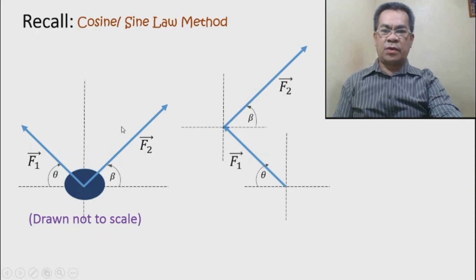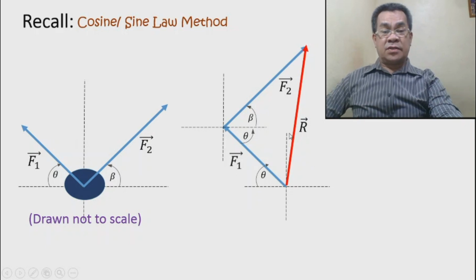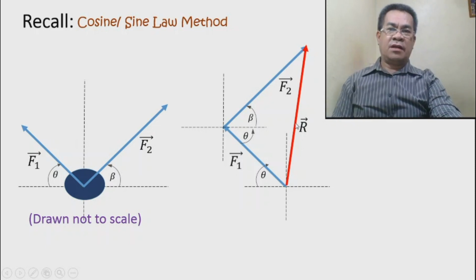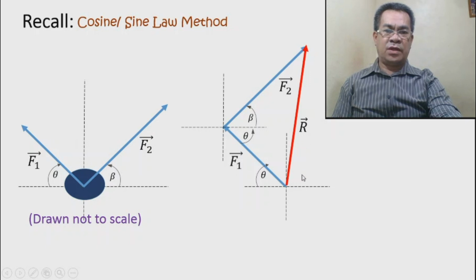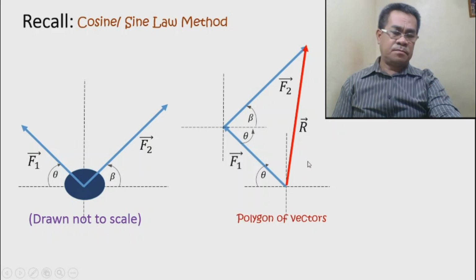Since we have two forces, the closing line is the resultant, or the vector sum. In the previous video, we learned how to calculate this because we introduced the cosine law for the magnitude, and we also found the direction using the sine law.